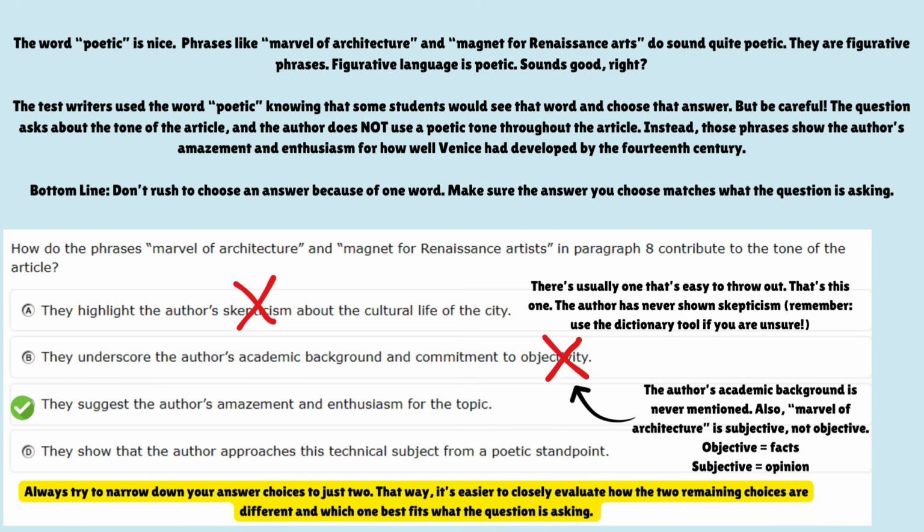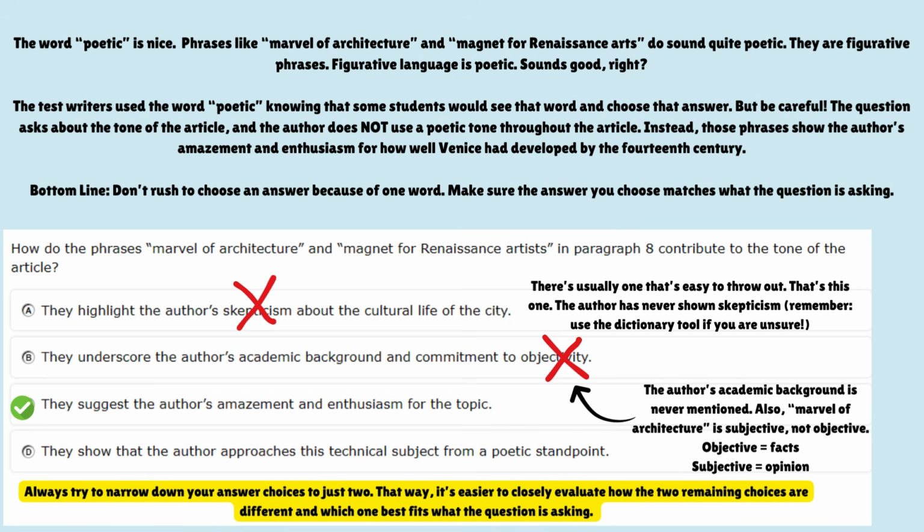The article lists facts, and it is objective, but it presents those facts in a way that radiates enthusiasm and amazement. It doesn't radiate poetic throughout the article, because there's not a use of figurative language throughout the article. So hopefully that makes sense.